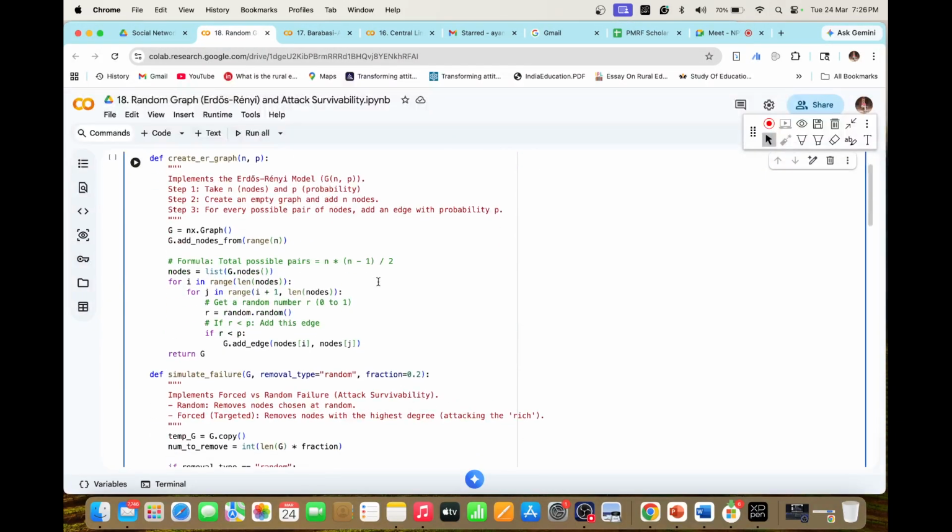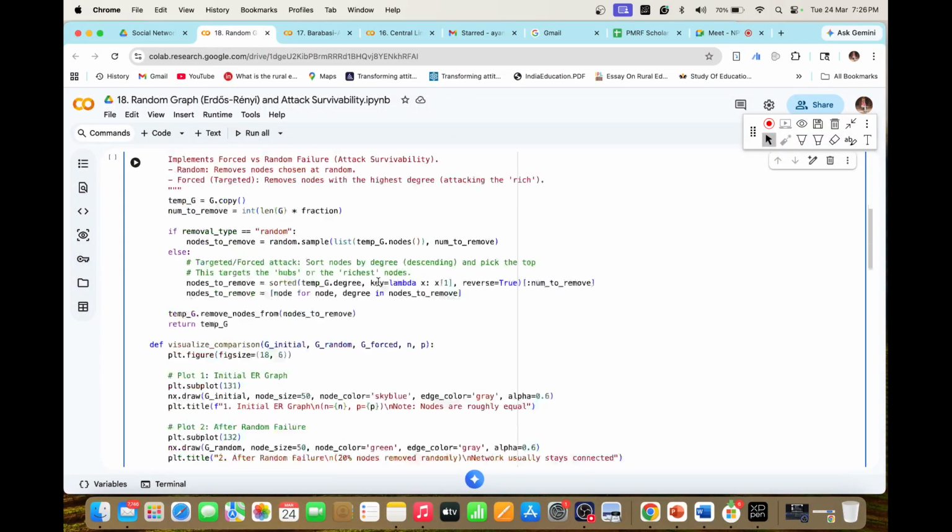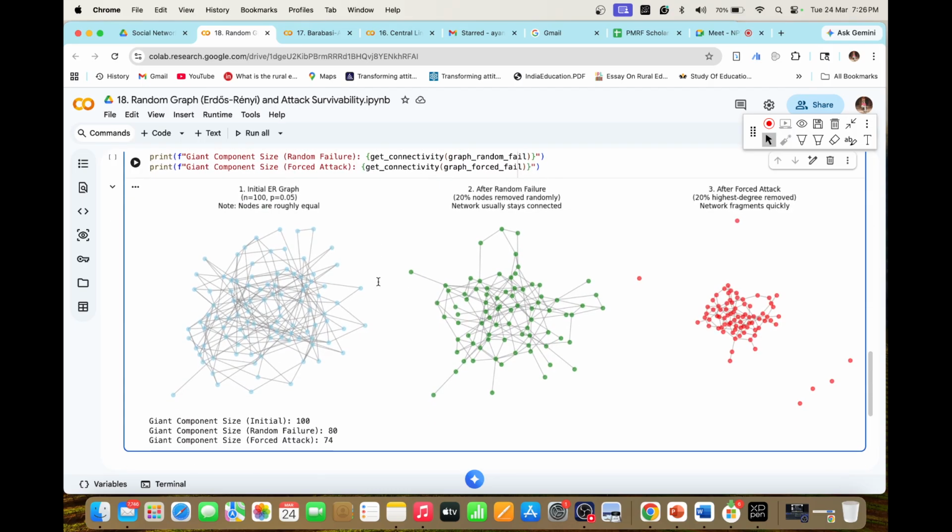Now we have the random graph ER model on attack survivability. In the ER model you can see the giant component size. Initially we have this giant size, then after random failure it is 80, and after forced attack it is 74. So this is the effect of attack on the survivability of the ER network.